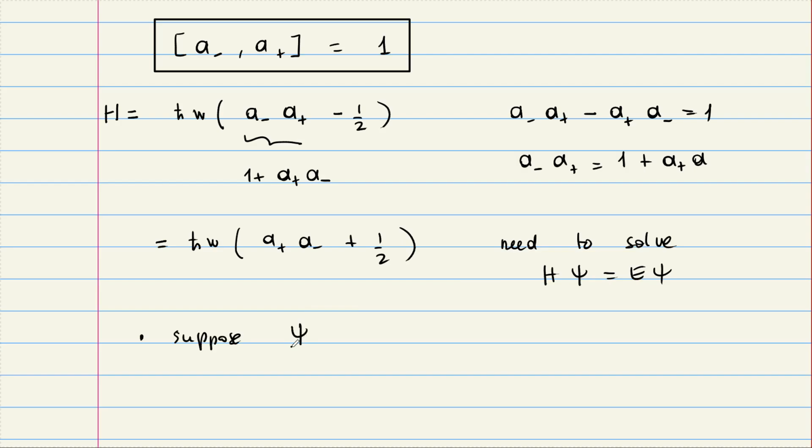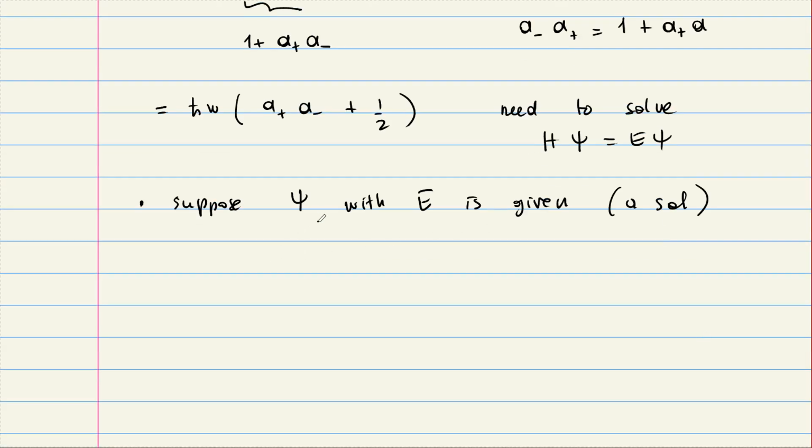Somebody gave us a solution psi with energy E given. And what is the meaning of this? H times psi is equal to E times psi. That's exactly what that sentence means. This is our starting point now.